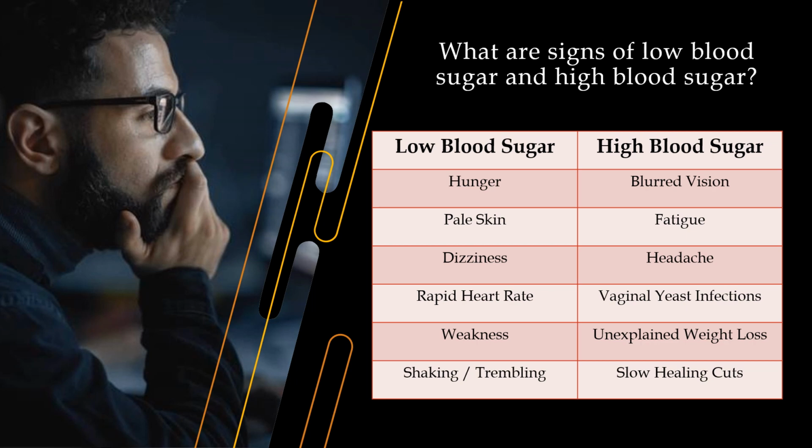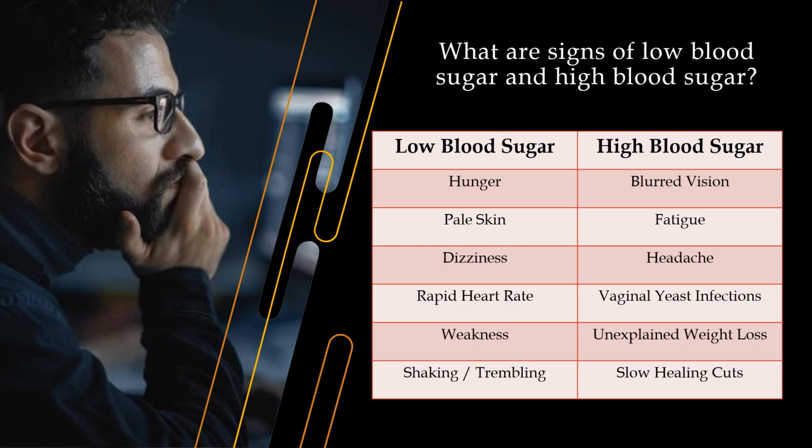And with the symptoms that were mentioned, it's important to consume foods such as carbohydrates or even sugar in order to fully treat the hypoglycemia and raise blood sugar levels.